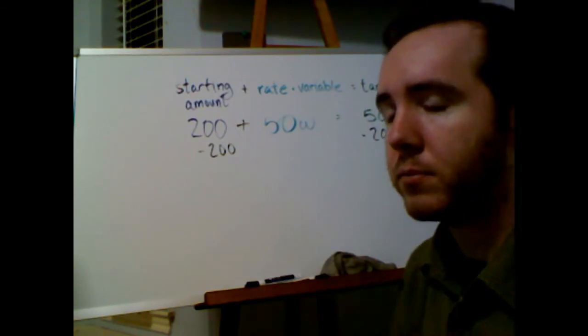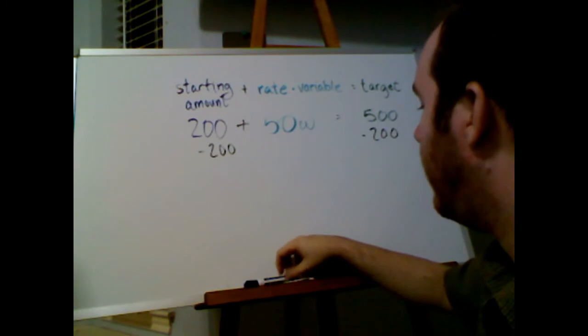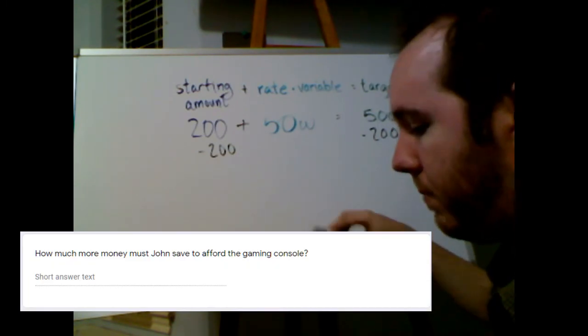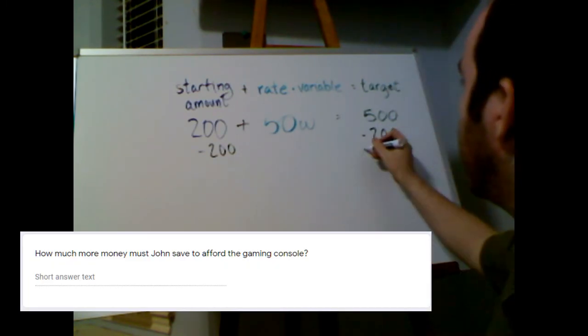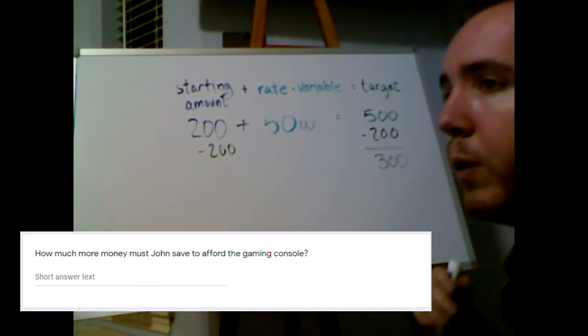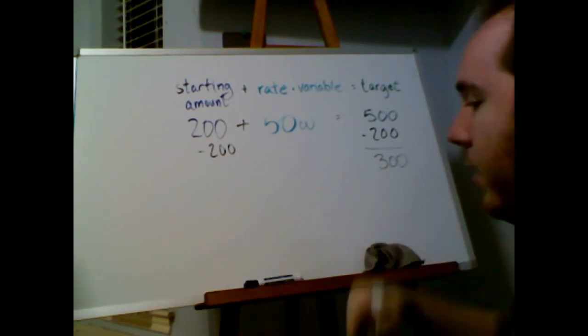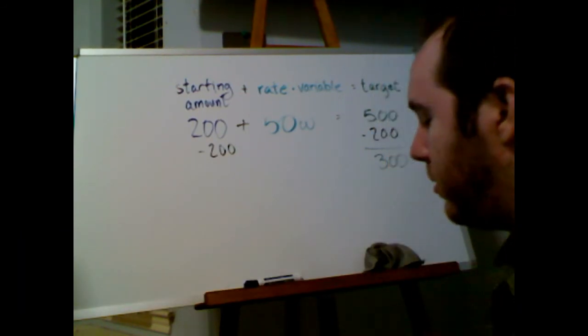Next. So, okay, we did the 200 and we found that 300 are still needed. And so we want to know how much more money he has to save to afford it. He needs to save up $300 more.